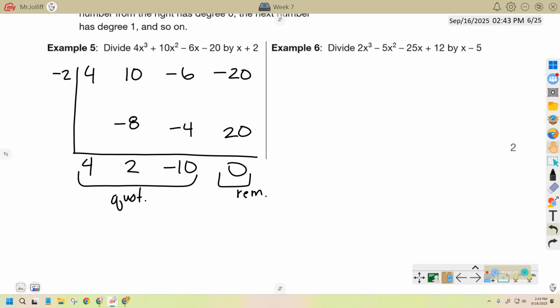So the answer to that division question, what was my degree of the original polynomial? 3, so this is degree 2. 4x squared plus 2x minus 10. Your answer should be 1 degree less than the degree you started with in your dividend, because we're dividing by a linear. It's going to drop the powers by 1.